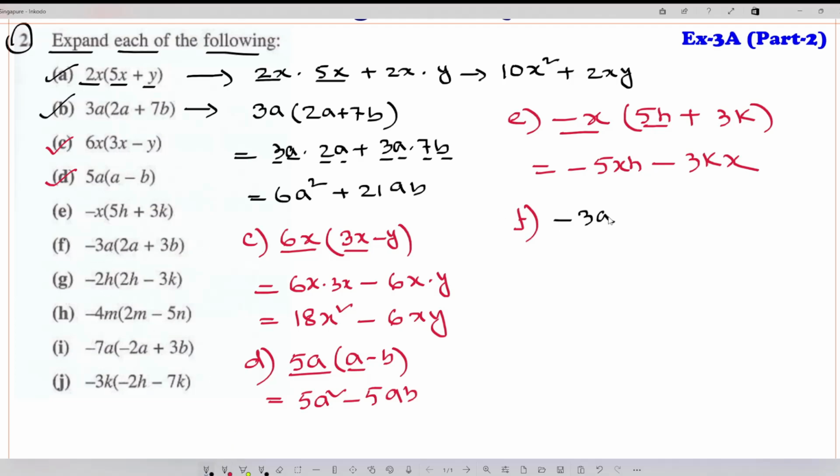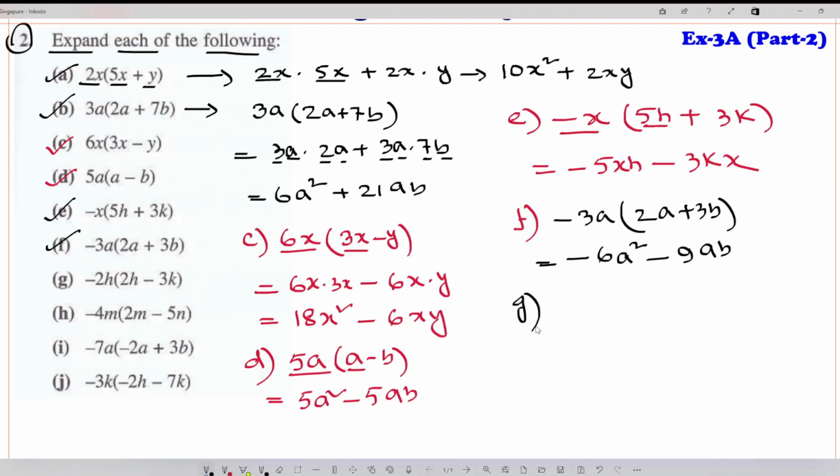Then F, minus 3a times (2a plus 3b). So minus 3 times 2 is 6, a times a is a square, minus and plus, minus 3 times 3 is 9, a and b is ab.